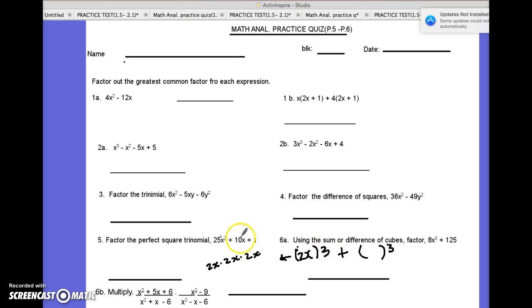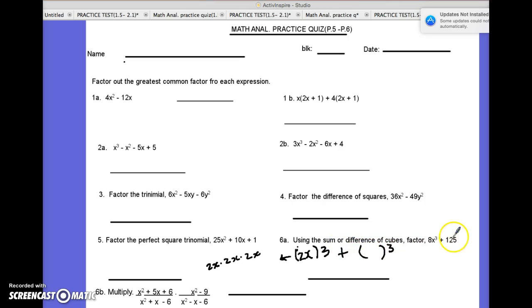All right? Let me make it a little bit clearer here. I'm not able to get it to look like an exponent, but it should be 2x cubed.